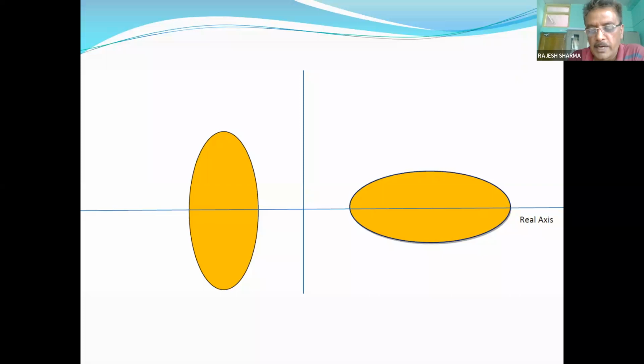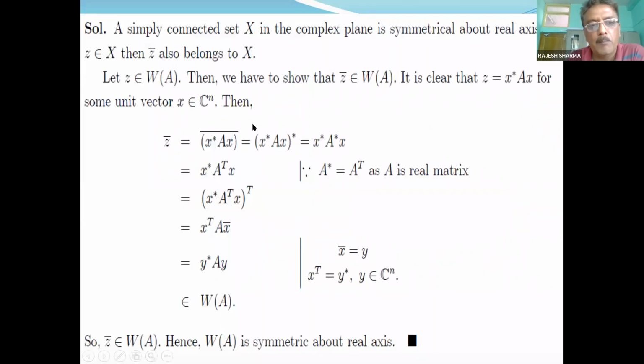If we have to show that this region in the complex plane is symmetric about the real axis, we just have to show that if z belongs to the numerical range, then its complex conjugate also belongs to the numerical range. Suppose z belongs to the numerical range, then z is x star Ax for some unit vector x belonging to Cn.